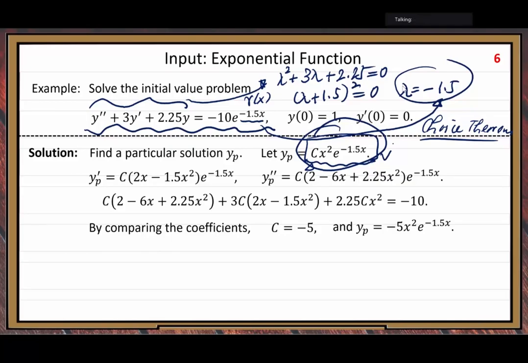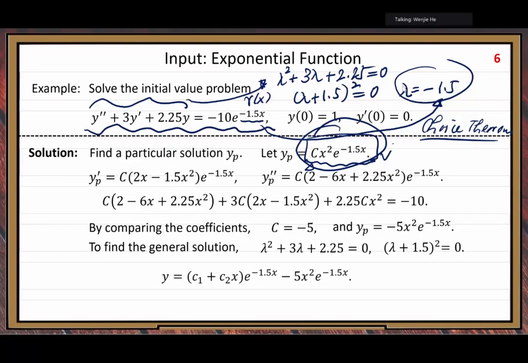Then the whole solution, the general solution: with the double root, we know C1, C2, but for C2 we need to multiply by X. So that's the YH part. You have this E. And the YP part, you have that.